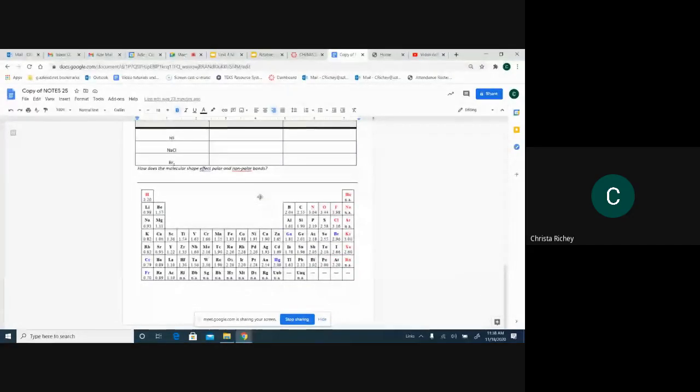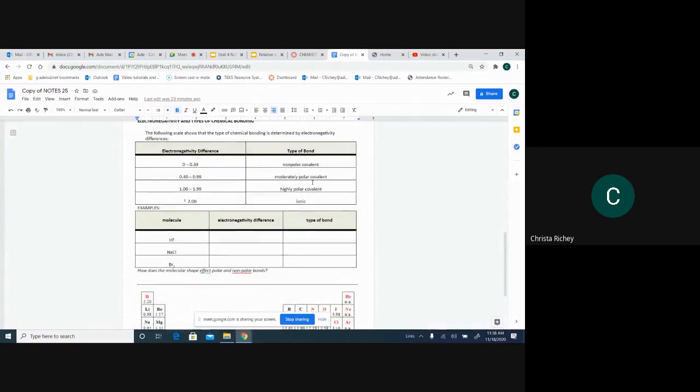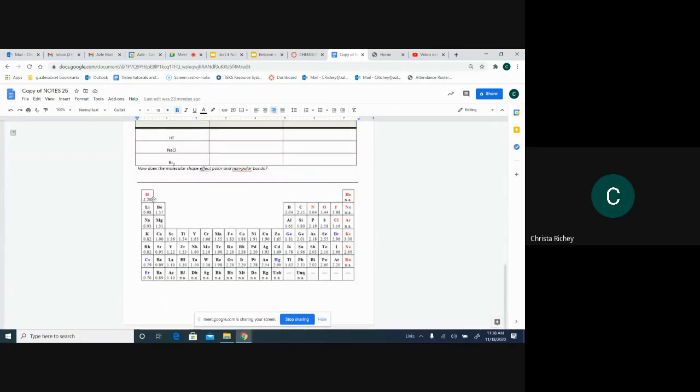Okay, so on your paper, down here at the bottom, hydrogen is 2.20. I'm not going to make you memorize this chart. So the assignment today is this: you're finding the elements, subtracting them, and then comparing that number to this chart. Hydrogen is 2.20, fluorine is 3.98.